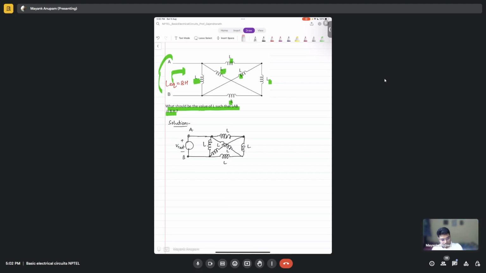Again, like a Wheatstone bridge. Oh, is it? Is it a Wheatstone bridge? When will it be a Wheatstone bridge?